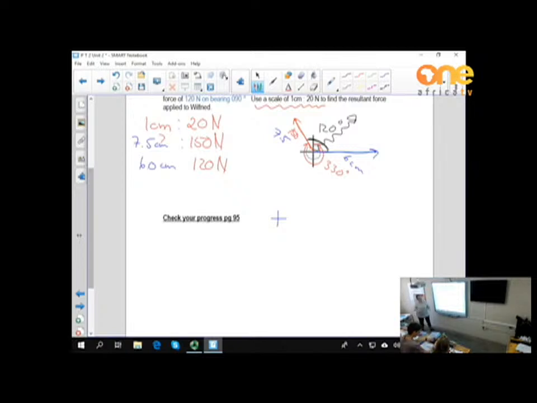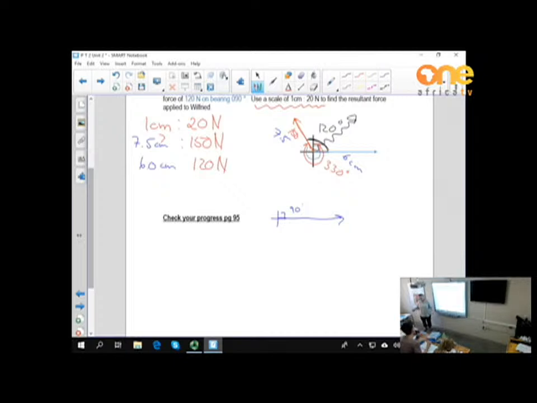All right? So you need to measure an angle of 90 degrees. And you need to take a line 6 centimeters long and draw it. Yes, you must have an arrowhead because that indicates direction together with the angle measured.